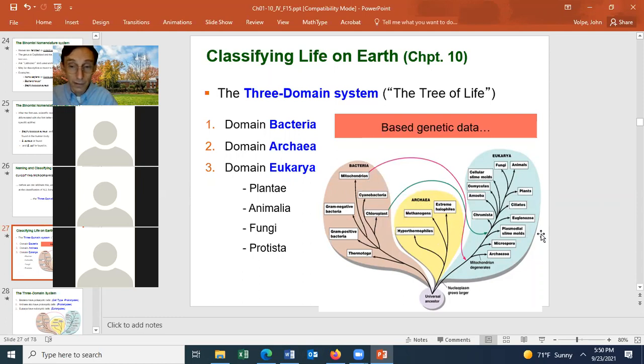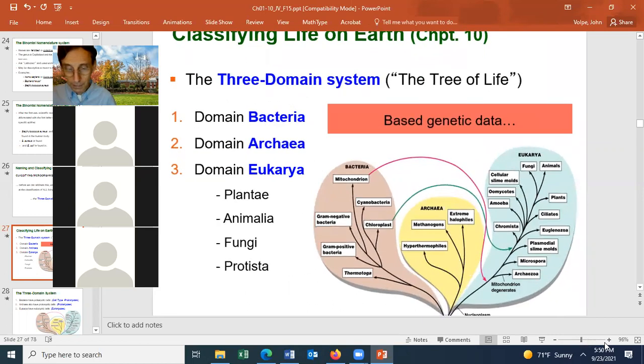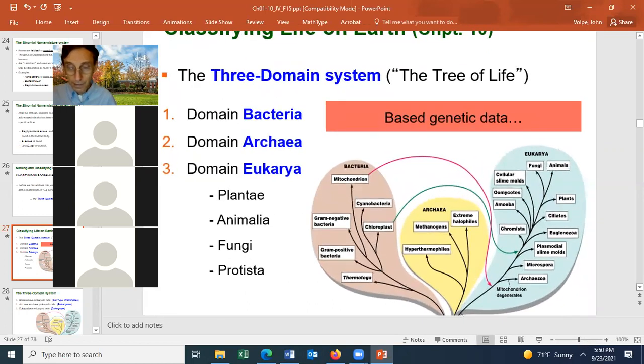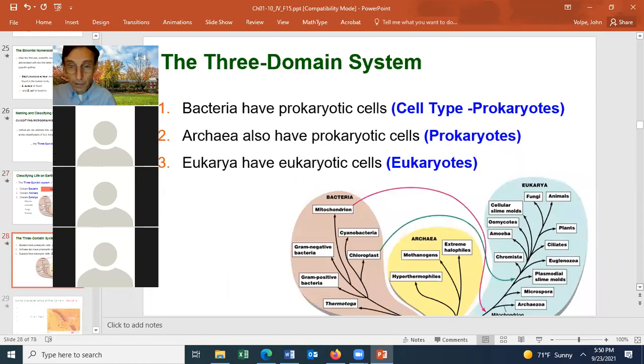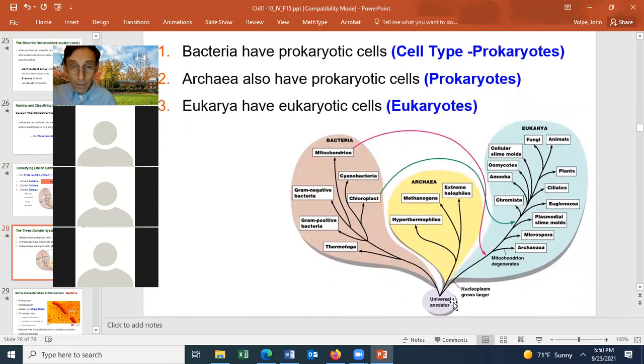In fact, if you look at this very closely, let me see if I can blow this up. Yeah, but it's smaller, not larger. Here we go, kind of. If you look at this very closely, lost it again. The archaea and the eukarya have a more similar line from right here to there.